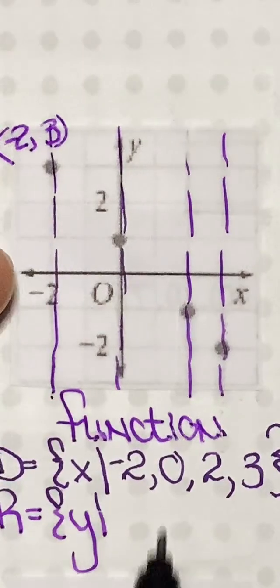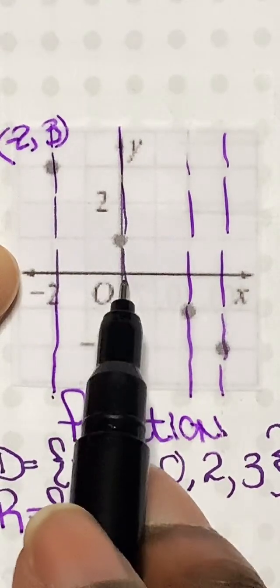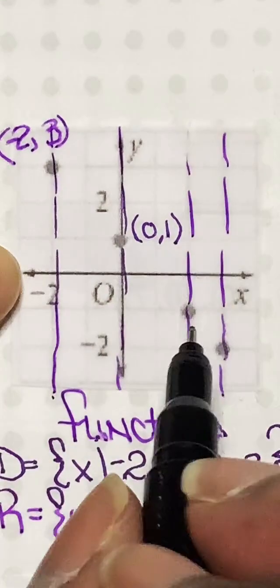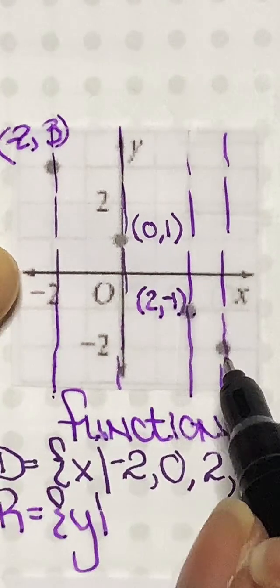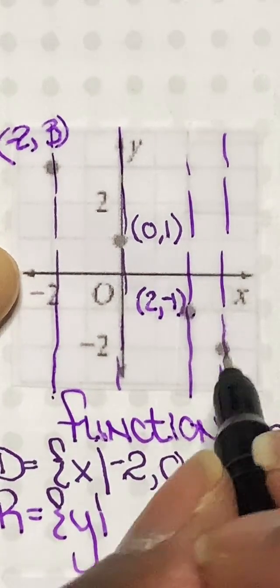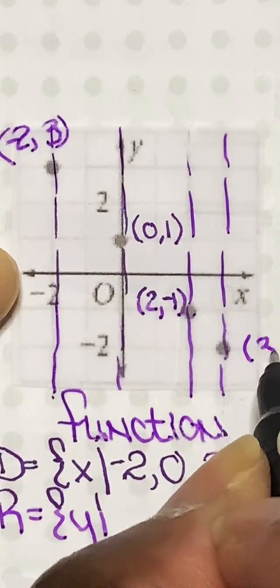That's that ordered pair. This point right here is 0, 1. This point right here is 2, negative 1. And this point right here is 3, negative 2.